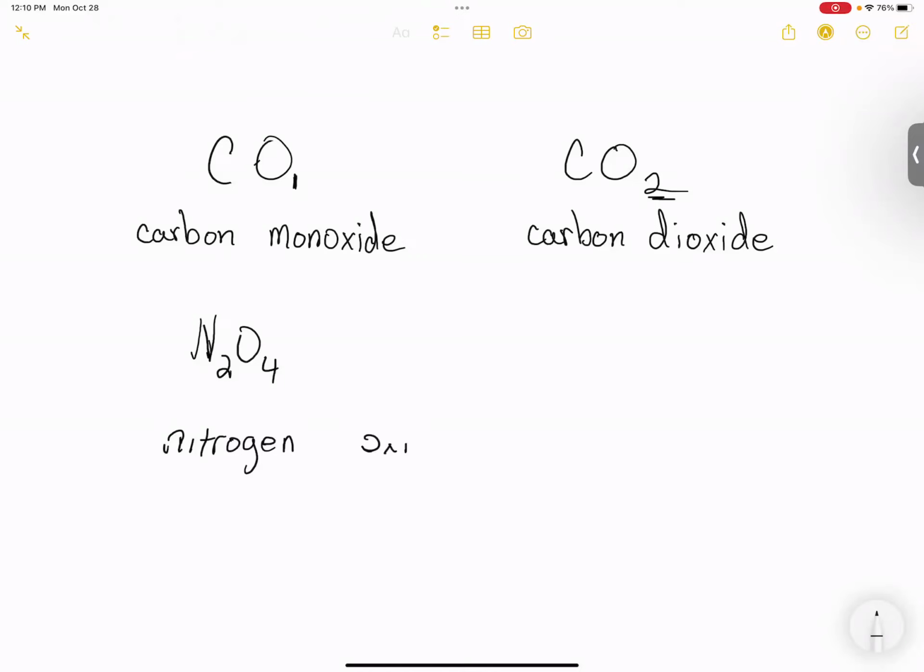But it's not sufficient just to call this nitrogen oxide.